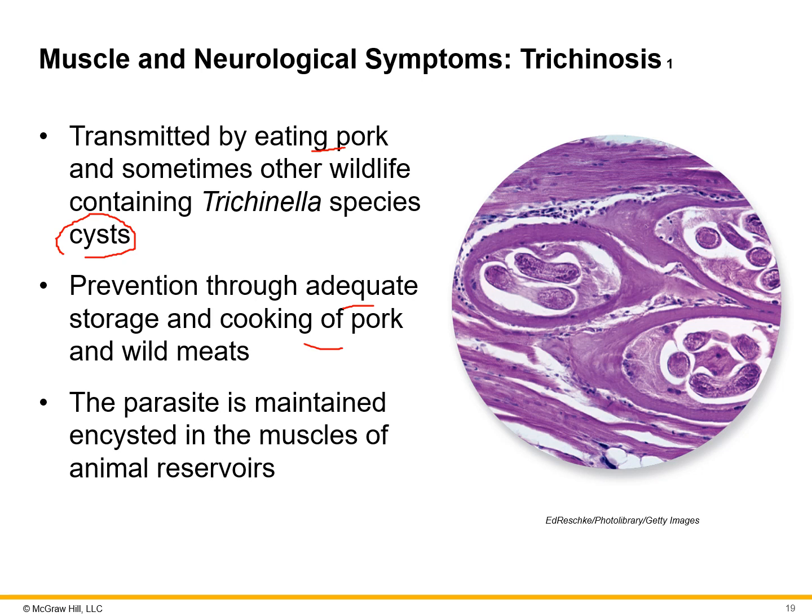The parasite is maintained cysted in the muscles. So again, those cysts, which is what we're seeing here, are essentially enclosed in these compartments within the muscle, and that's what allows them to then be ingested if not properly killed through the cooking process.